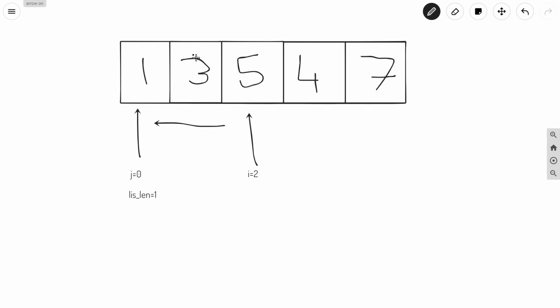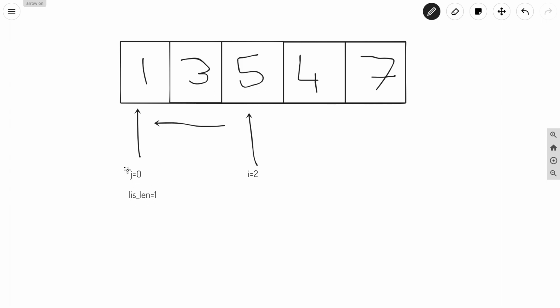So what I mean is, we will find out the length of all the LIS at the left part, at those indices whose value is less than 5. At the left part of index i equal to 2, each element is smaller than 5.